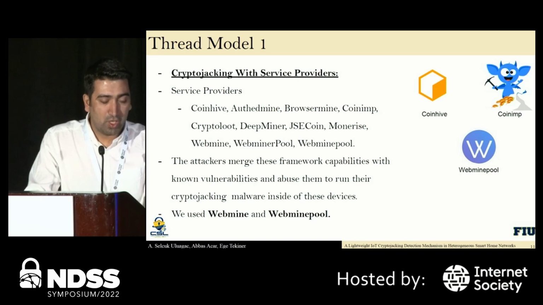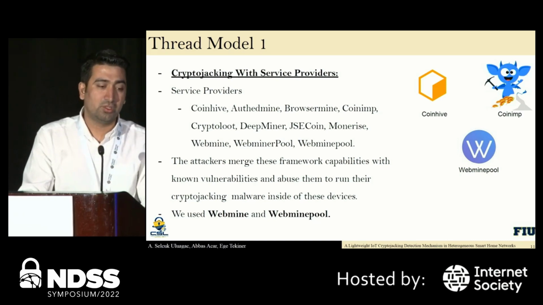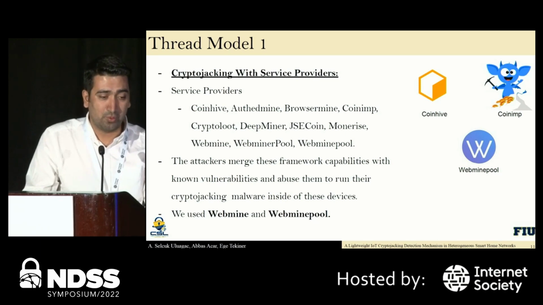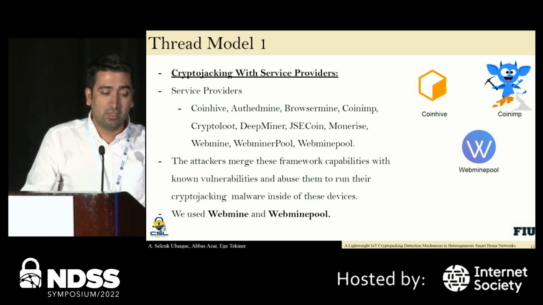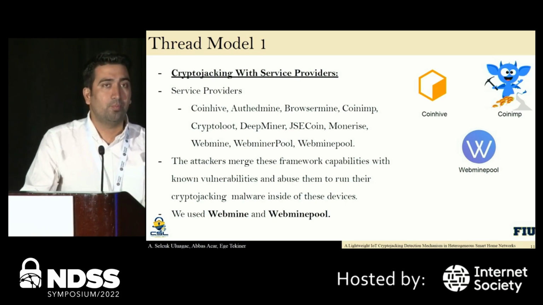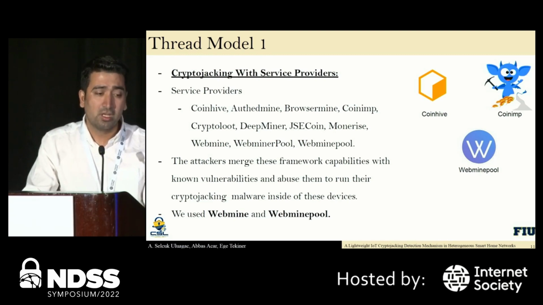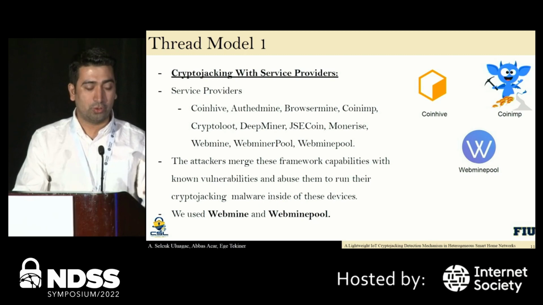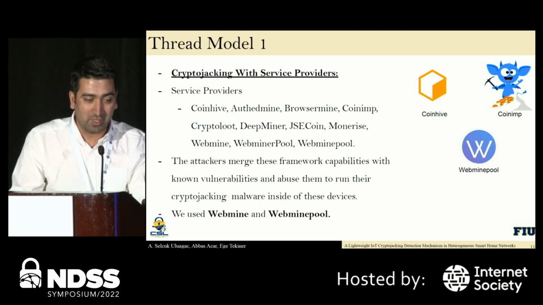And we have two threat models in this study, and the first one is cryptojacking with the service providers. In this one, in the previous study, we found most of the malware is sourced from specific service providers. And we used some of these sources in order to create our implementation.